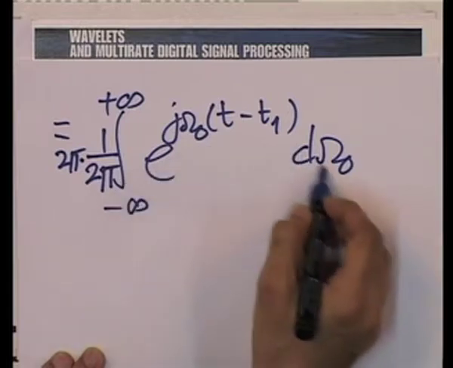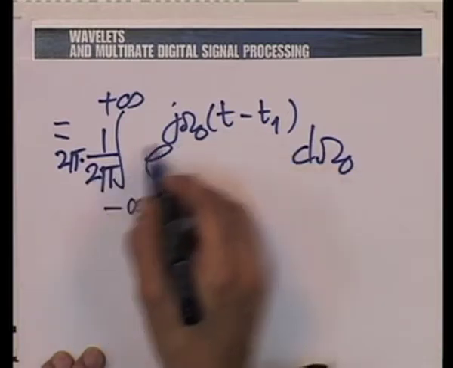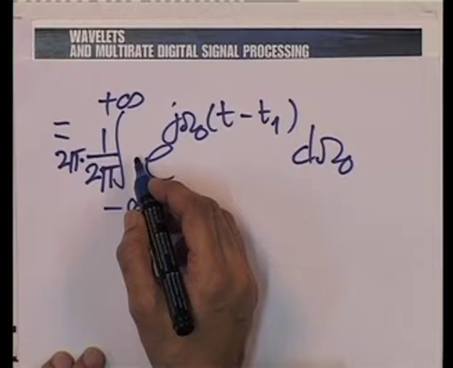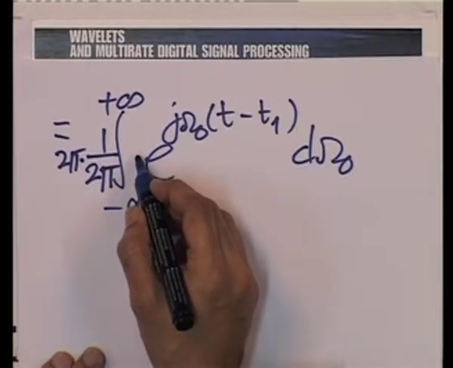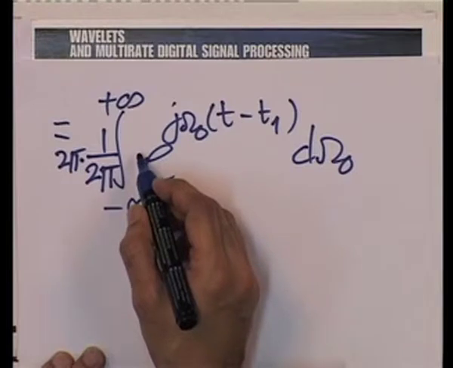If you interpret this carefully, it is the inverse Fourier transform of a function which is 1 for all omega naught, and that happens to be the Fourier transform of an impulse.